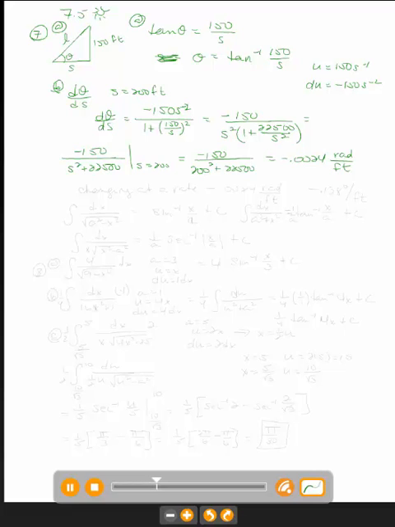So when the length of the shadow is 200 feet, the angle of elevation is changing at a rate of negative 0.0024 radians per foot. And the book also translated it into degrees. It turns out that it is negative 0.138 degrees, moving very slowly per foot.